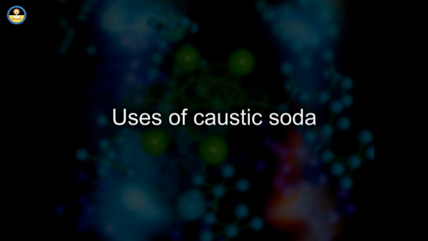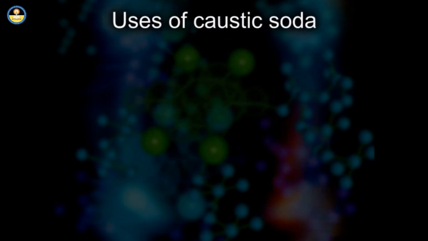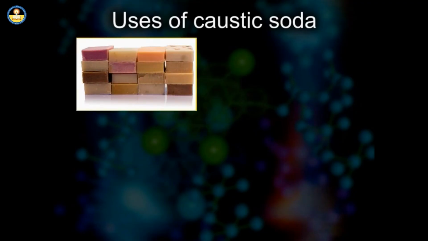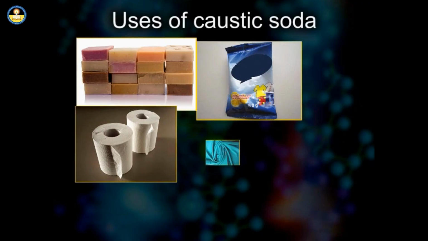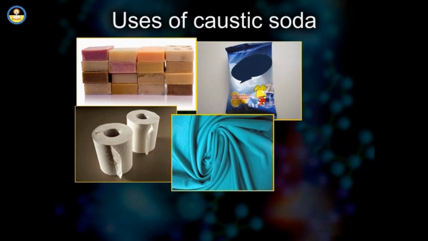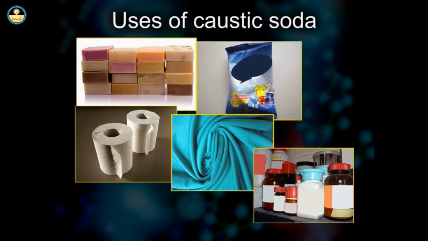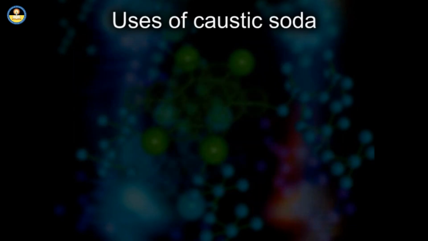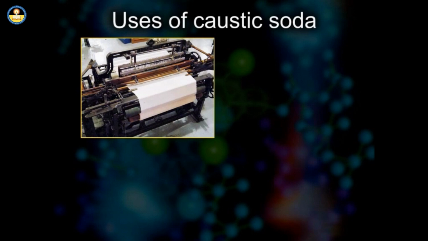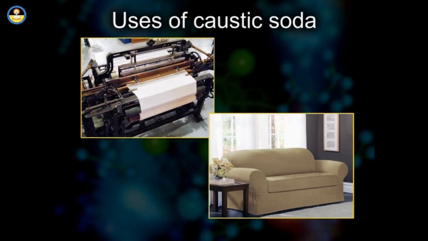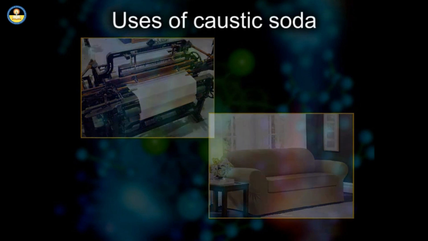Uses of caustic soda. Sodium hydroxide or caustic soda is used in the manufacture of soaps, detergents, paper, rayon or artificial silk, and a large number of chemicals. In cotton industry for mercerising, that is making unshrinkable cotton fabrics.